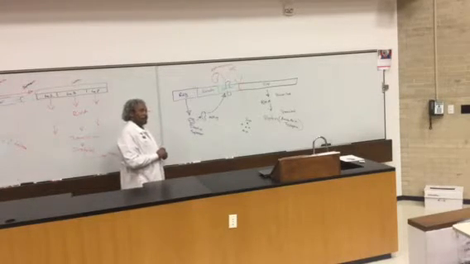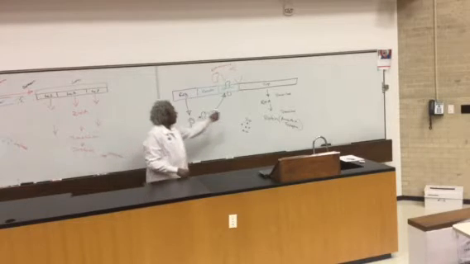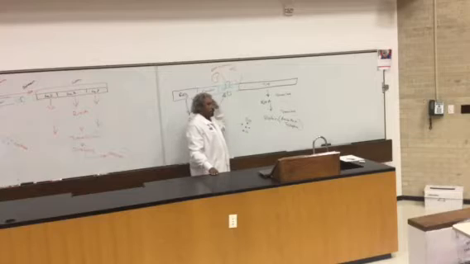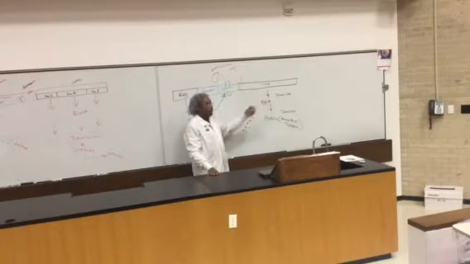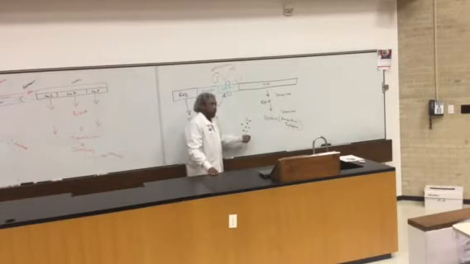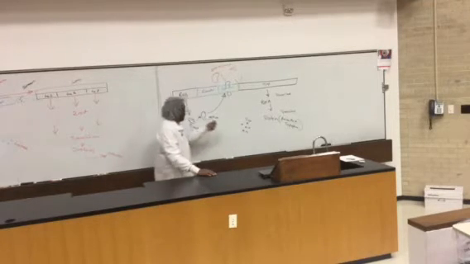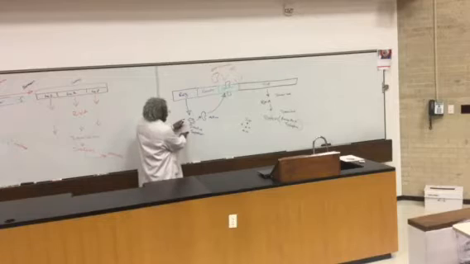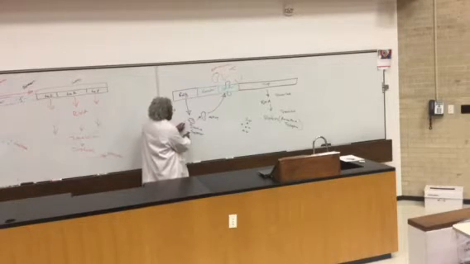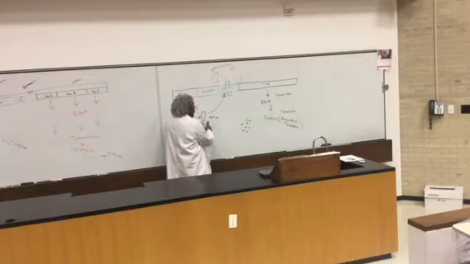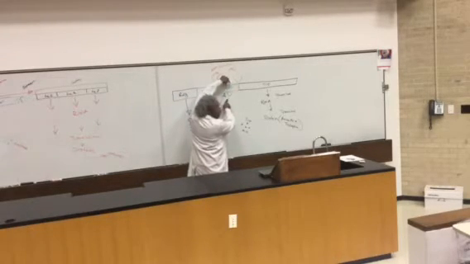You see that? Tryptophan is being constantly made because this is on all the time. Well, when that tryptophan is made in abundance and too much is made, the buildup of it will bind onto the inactive suppressor, causing it to change shape. It is now active. In its active form, it can bind onto the operator.